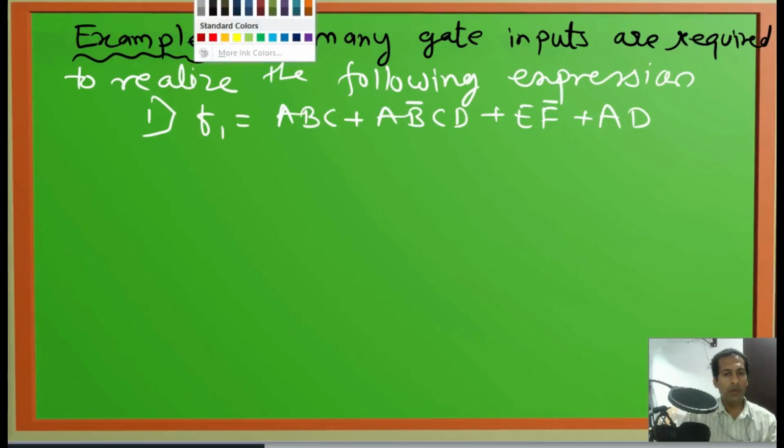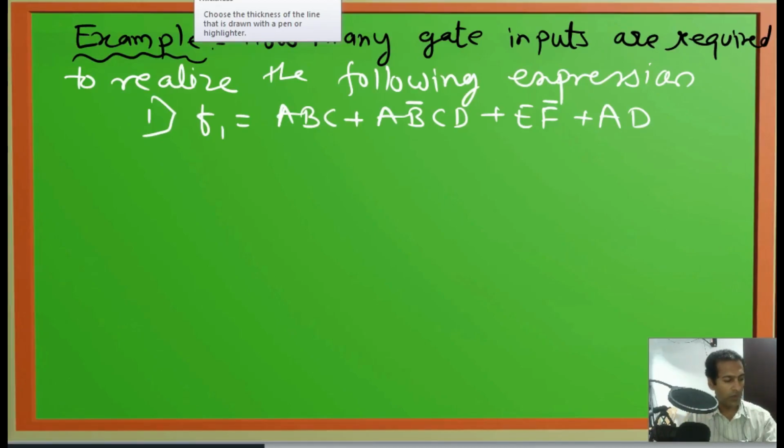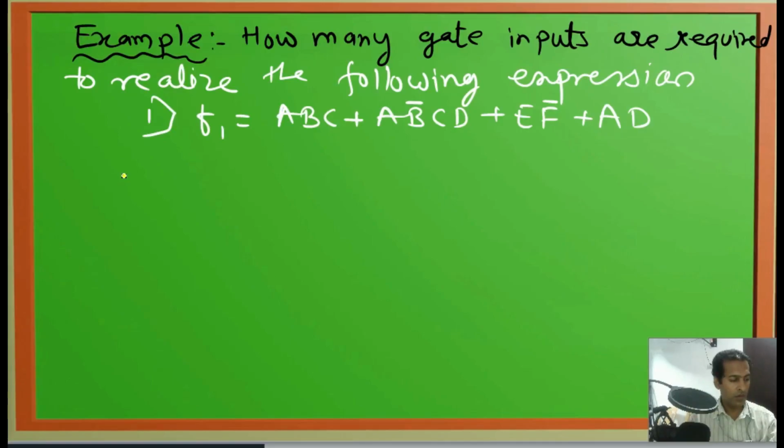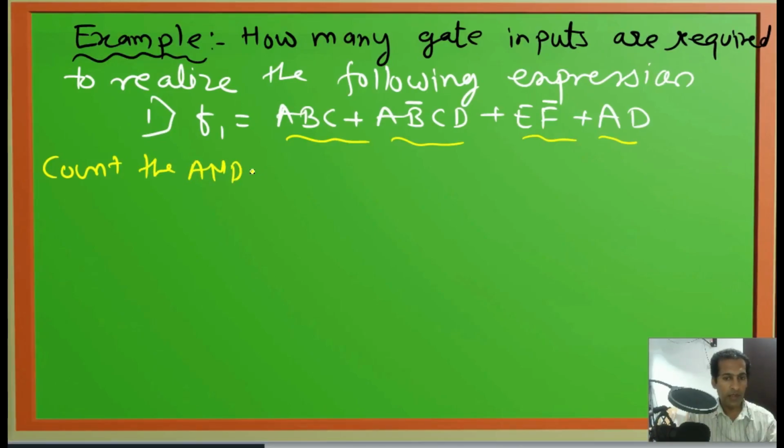Here we will write down the expression and first count the number of AND inputs.